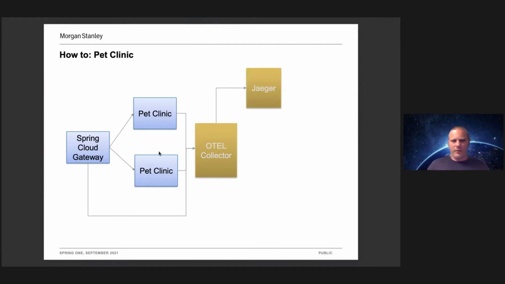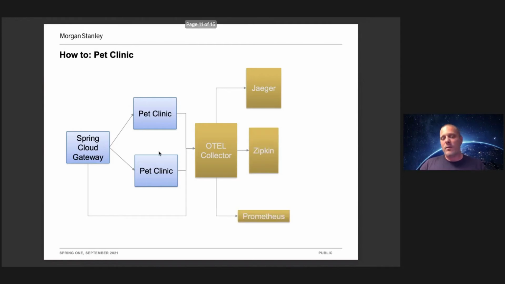The OpenTelemetry collector, as it is a central place to process and export data, is sending these traces to Jaeger. It is sending its traces to Zipkin as well, just for the sake of it. And it also exposes Prometheus data that it fetches from the two Pet Clinic instances and the gateway itself.